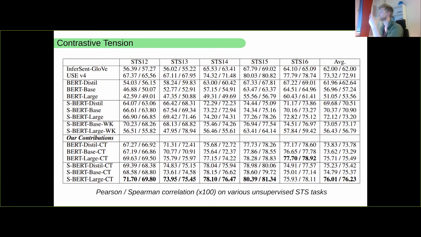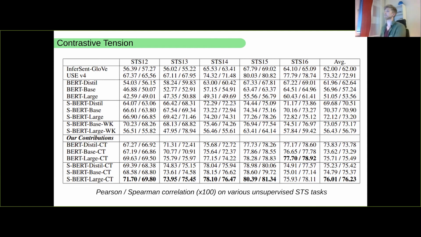And we do see BERT models right off the bat perform worse the bigger they get. BERT large, for example, has 53 and 51 on Spearman and Pearson, but BERT distill performs a lot better. And we'll get to why we think this is the case.